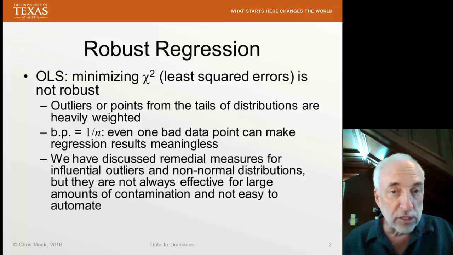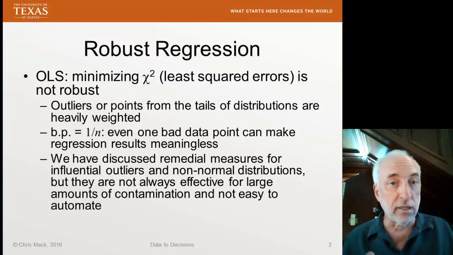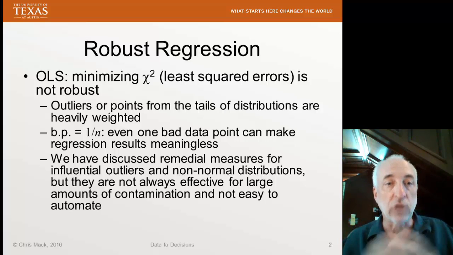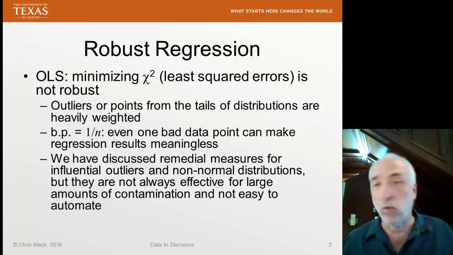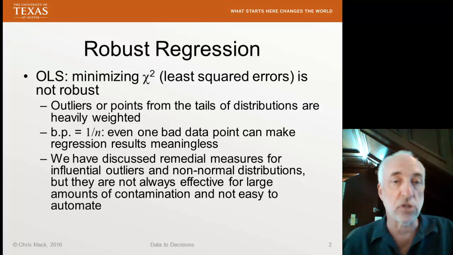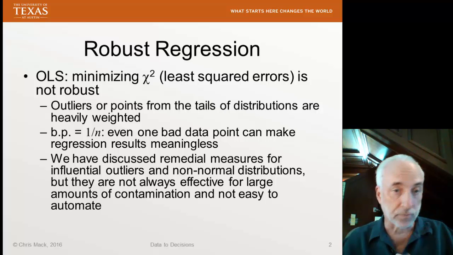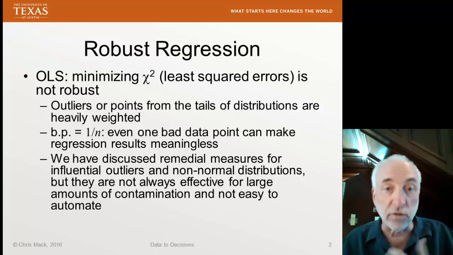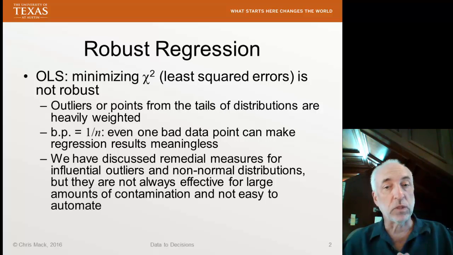We see that residuals are squared before summed up, and so an outlier or a point that's way off in the tail of a distribution is weighted very heavily. It's weighted as the square of its deviation from the model. The breakdown point is 1 over n.